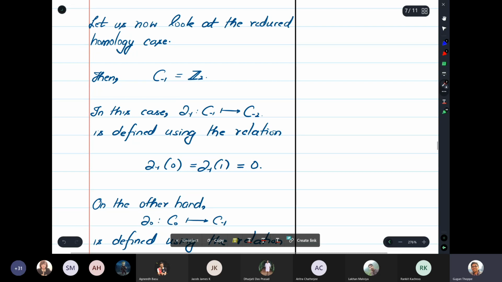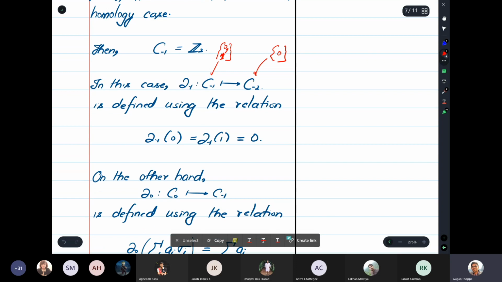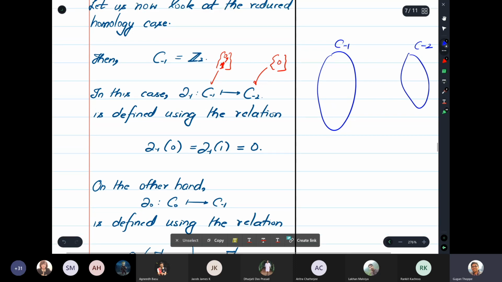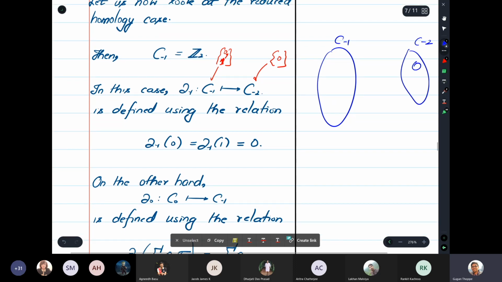Let's look at the case of ∂-1. Your C_{-1} is Z2, so it consists of two elements, 0 and 1, whereas C_{-2} is a trivial vector space, so it is made up of only one element, 0.